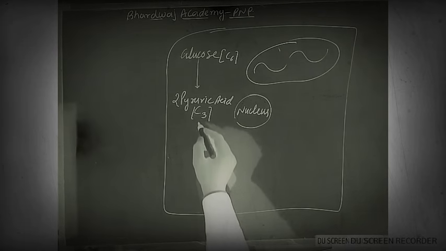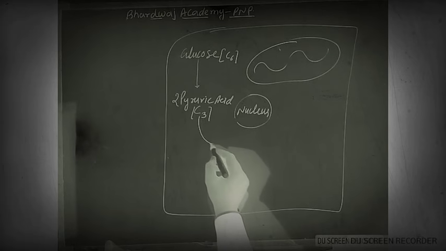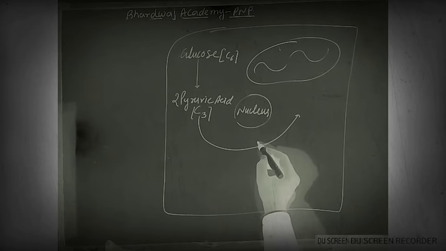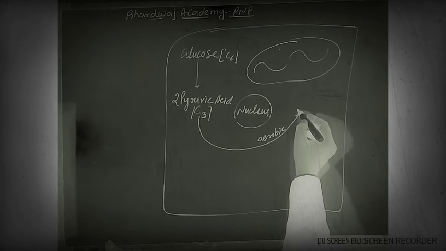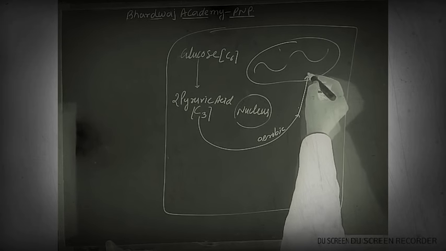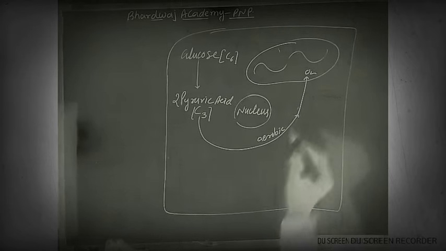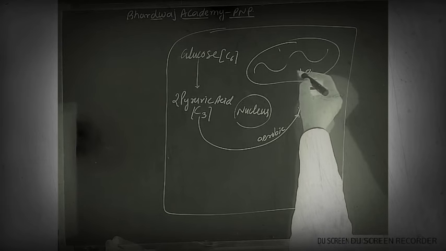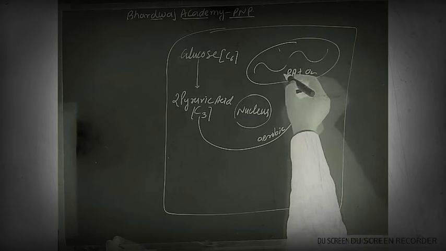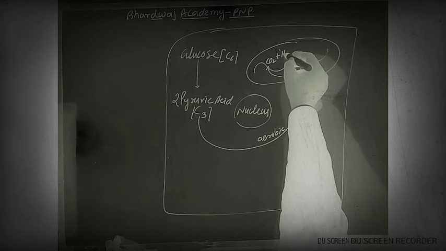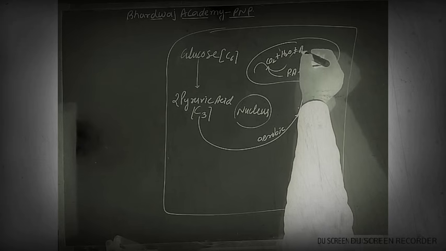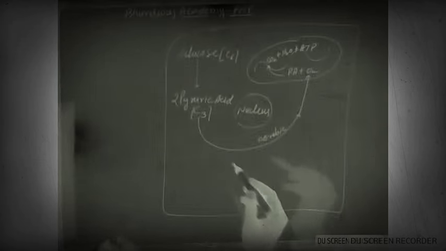If the pyruvic acid undergoes aerobic respiration, it reacts with oxygen present in the mitochondria. This produces carbon dioxide plus water plus energy in the form of ATP.